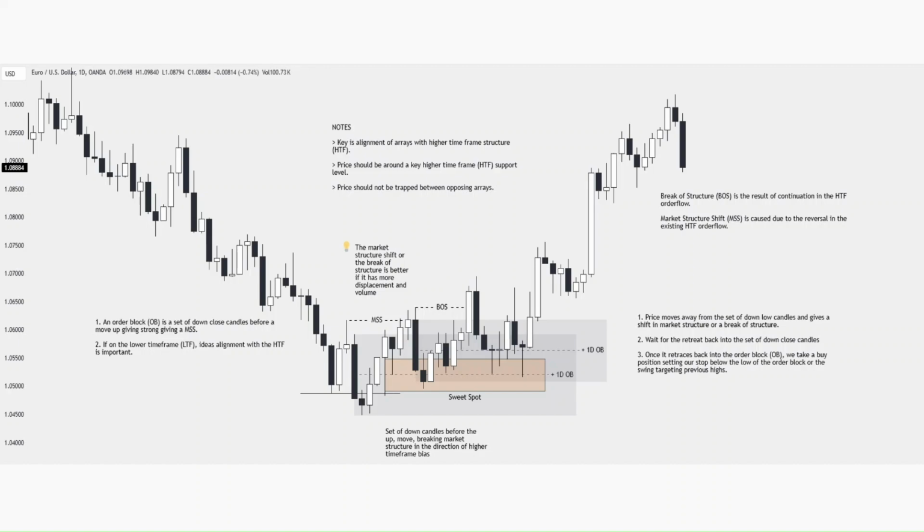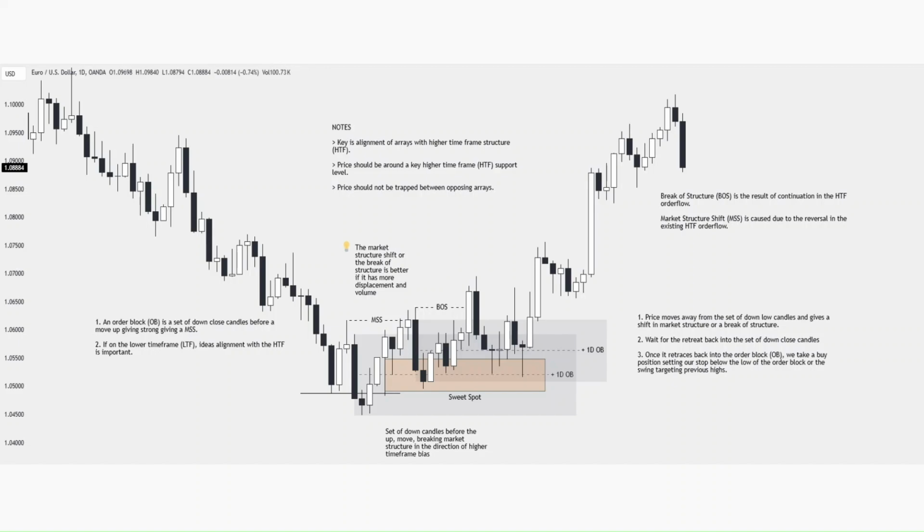But market structure shift is caused by the reversal in the existing higher time frame order flow. What I mean by that is we have a clear downtrend here and then the market bottoms out at this point. We can't really predict the bottom of the market, but we can more or less anticipate or identify if the market has bottomed out, because the market will go in the opposite direction of the existing order flow.